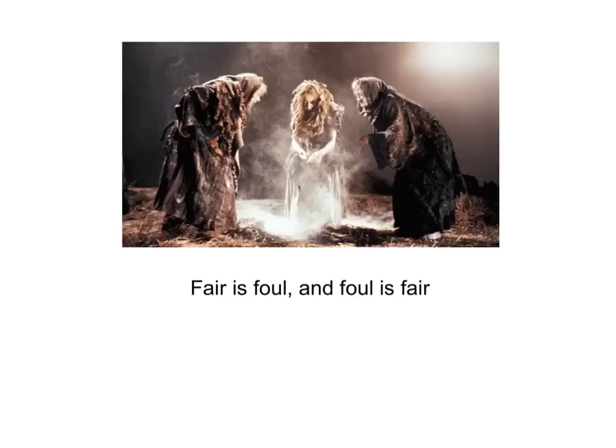So the idea at the end where they say fair is foul and foul is fair is kind of the idea that anything goes. That whatever happens, happens. So the big idea from this that you should get is anything goes. That's the big idea from Act 1, Scene 1.